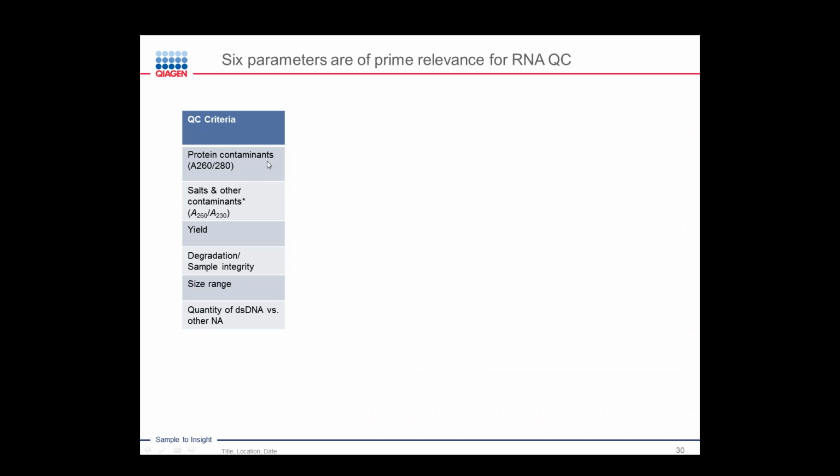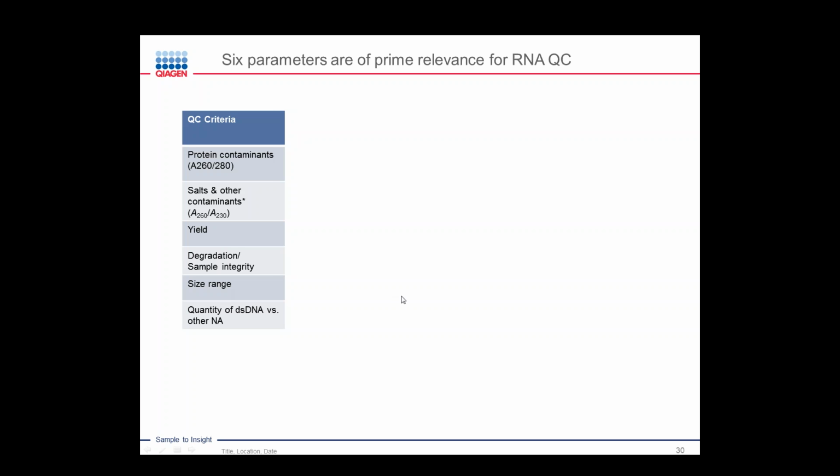Determination of protein contaminants using the 260-280 ratio. Salts and other contaminants using the 260-230 ratio. Yield, sample integrity, size range, quantity of double-stranded DNA versus other nucleic acids.